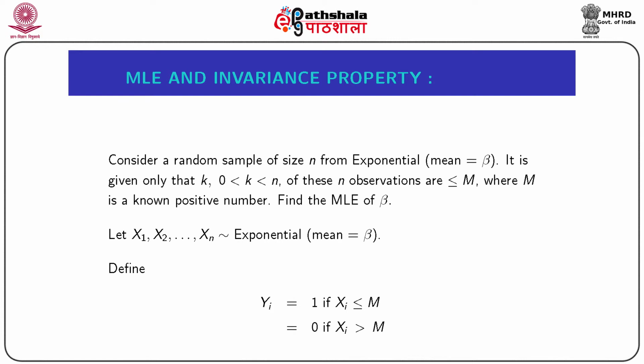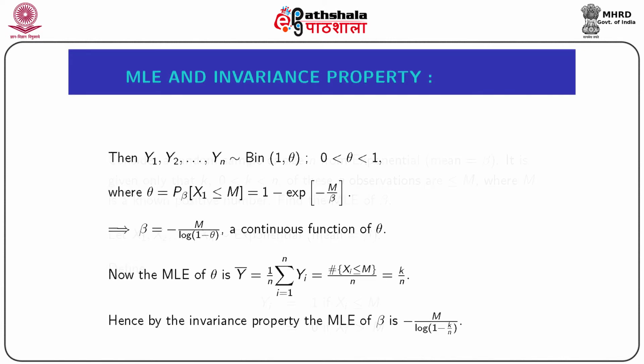Let x1, x2, ..., xn be those random sample observations which follow exponential distribution with mean beta. Then, corresponding to this x1, x2, ..., xn, let us define a set of indicator variables y1, y2, ..., yn defined as yi equal to 1 if xi is less than or equal to capital M and equal to 0 if xi is greater than capital M. Then, naturally, y1, y2, ..., yn will follow independently and identically Bernoulli theta distribution, where 0 < theta < 1.